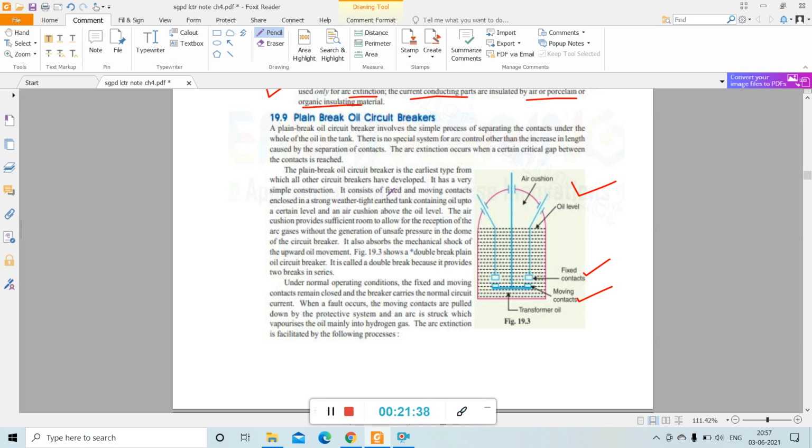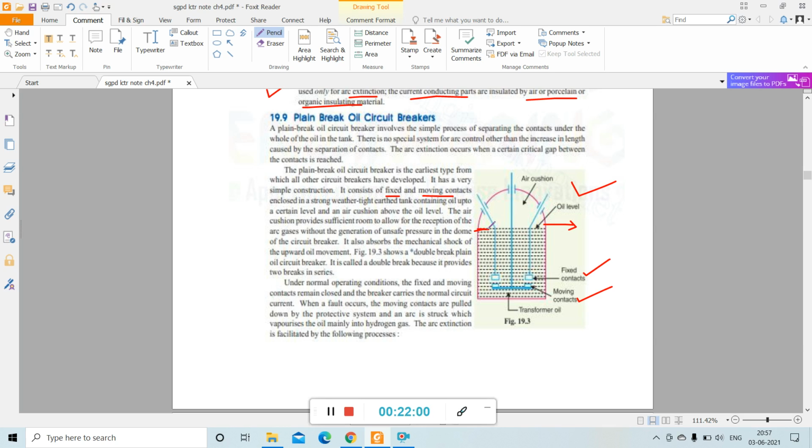It consists of a fixed and moving contact enclosed in a strong weather tight earth tank. This is the earth tank containing oil, up to a certain level. This is the oil level.